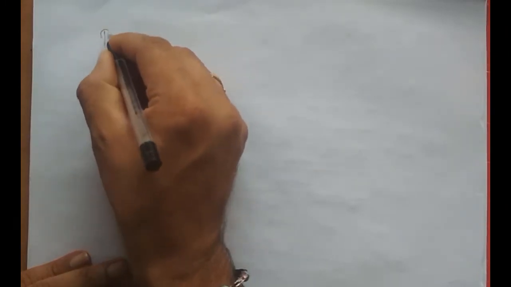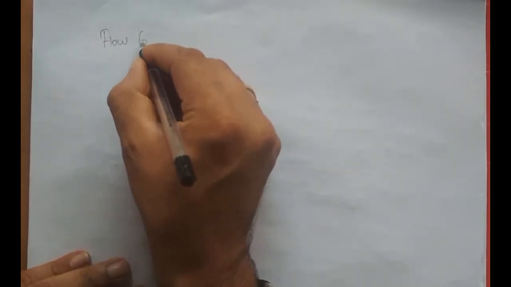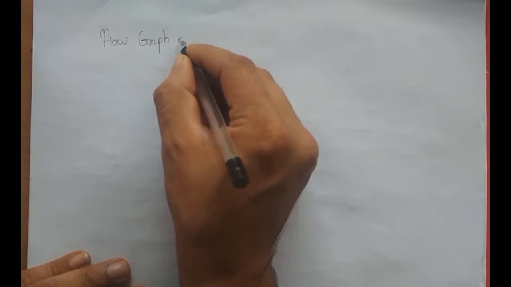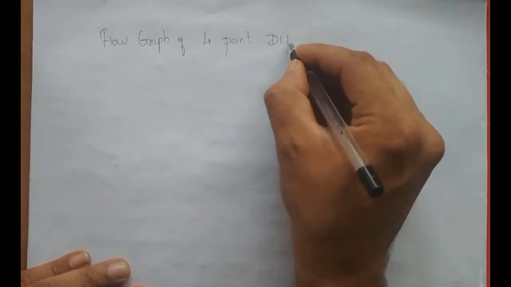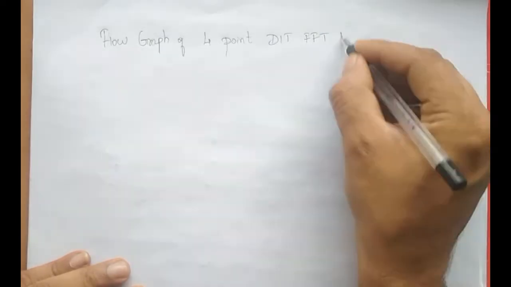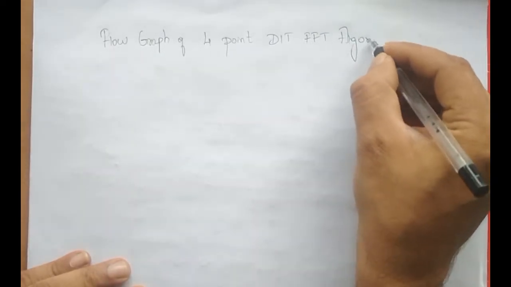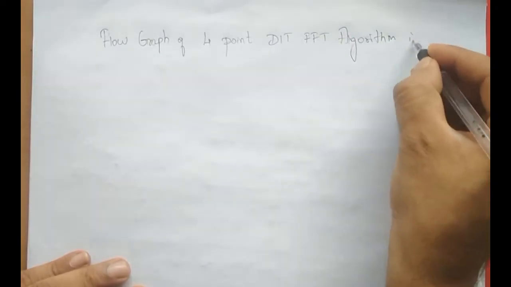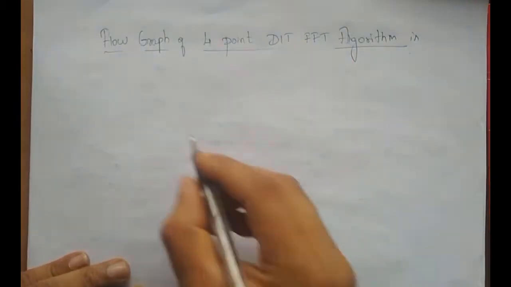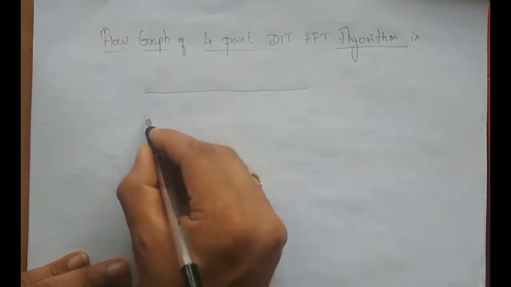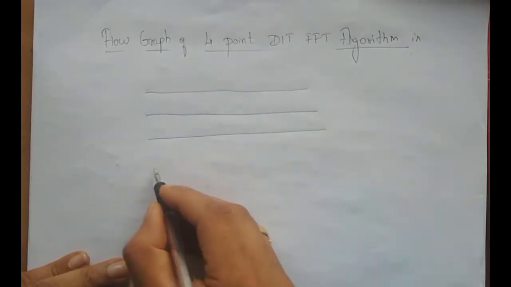Okay, the flow graph of the 4-point DIT FFT algorithm is, so let me write it. We'll be having 4 parallel lines.